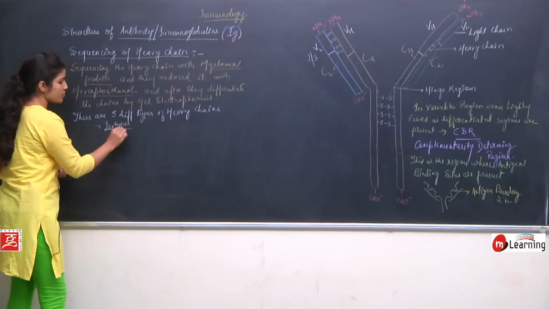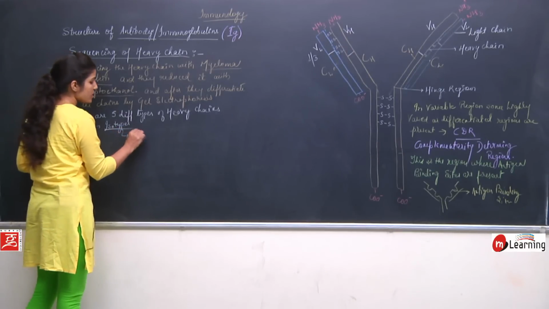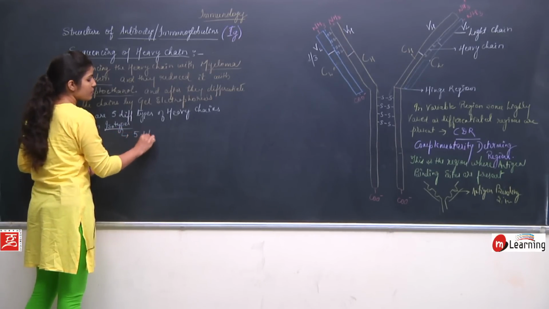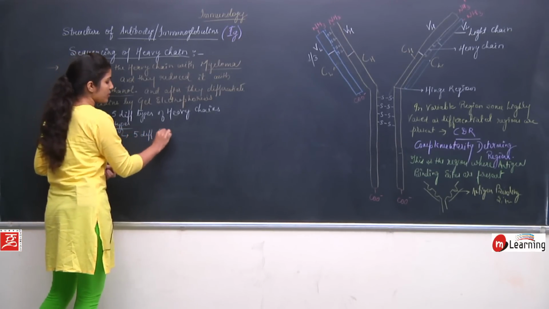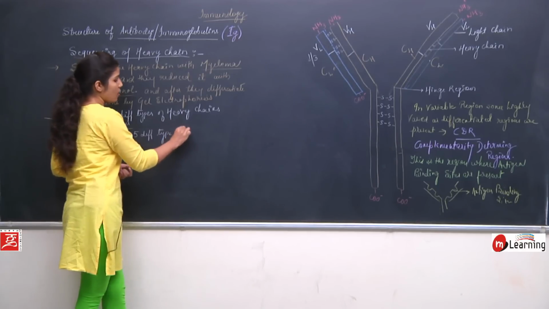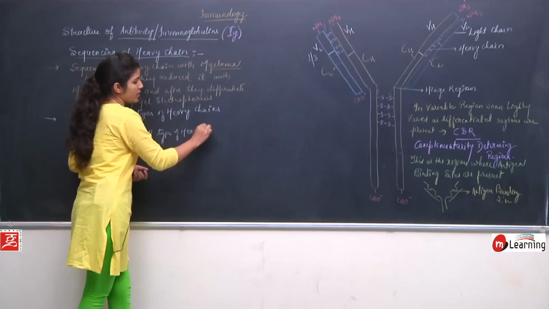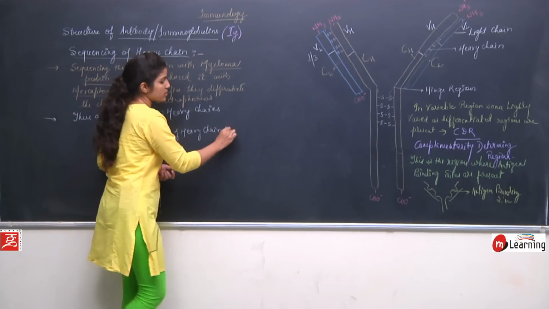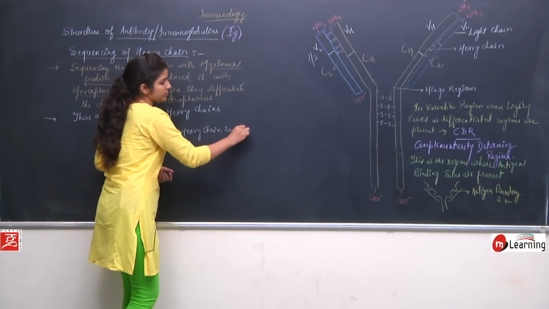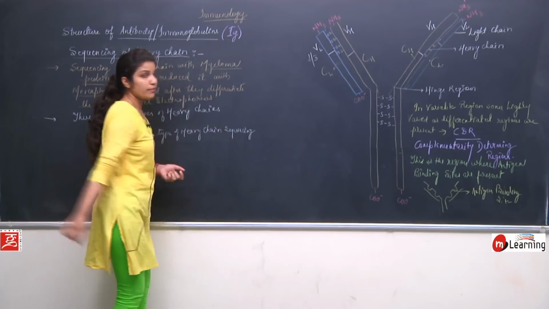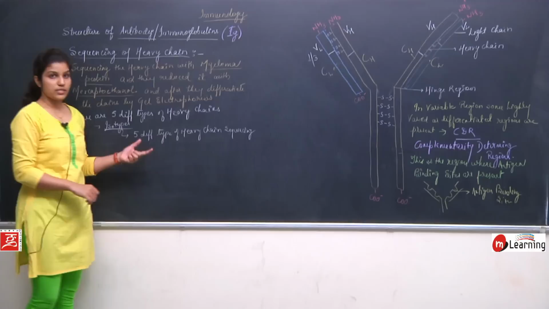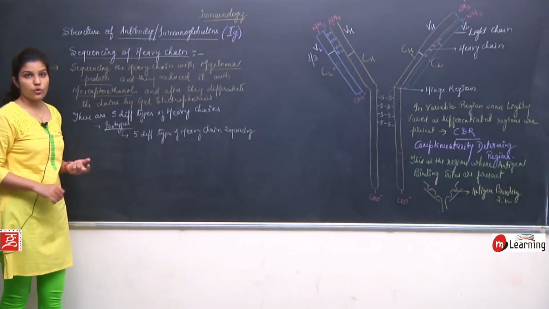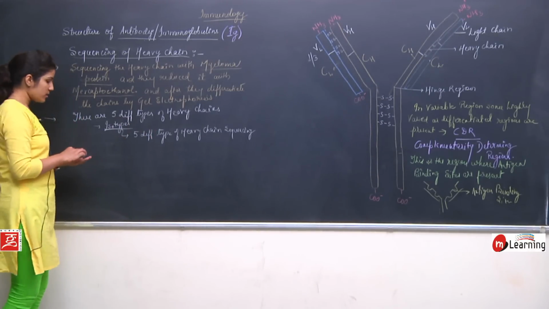What are these isotypes? These are 5 different types of heavy chain sequencing, known as isotypes. And which are they?